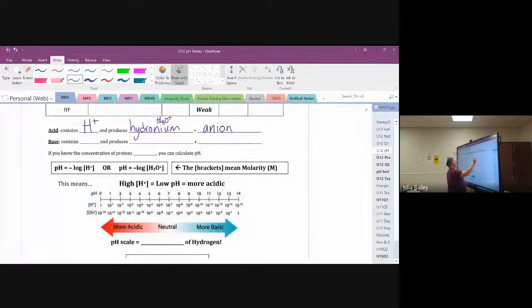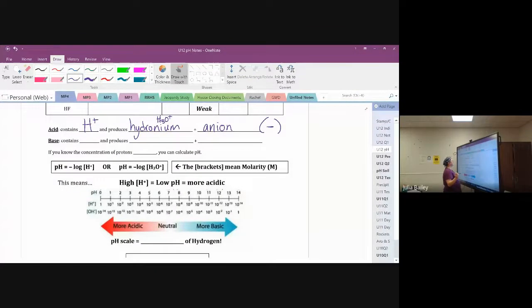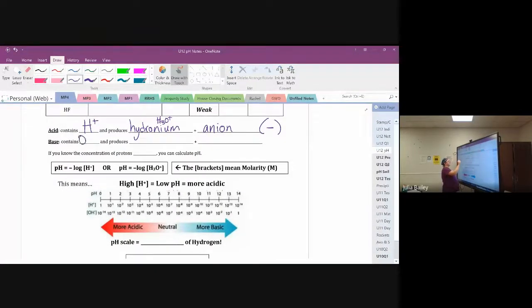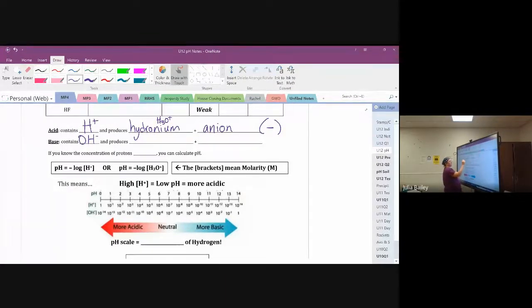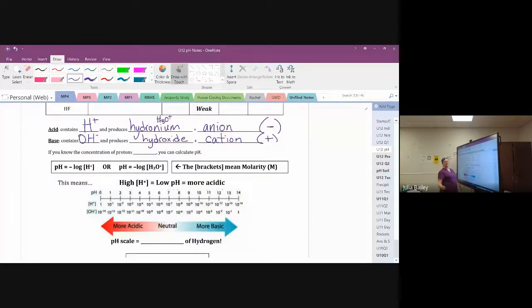Remember, anions are negatively charged. Bases contain hydroxide, the OH minus, and they produce that hydroxide. Again, the OH minus is hydroxide. And they also produce a cation, cations being the positively charged ones, right? Cats are positive was our memory trick back in November.